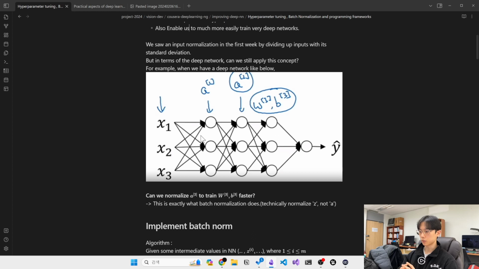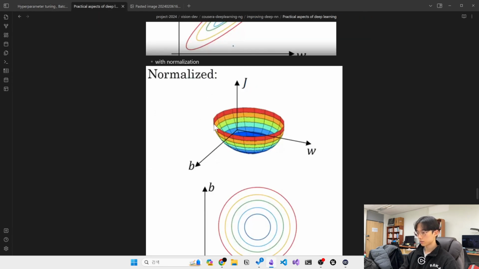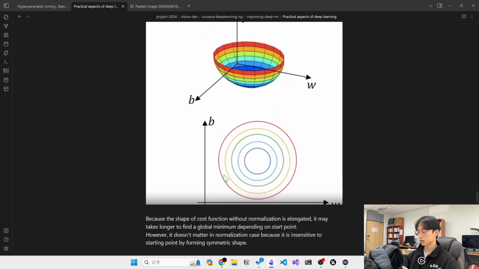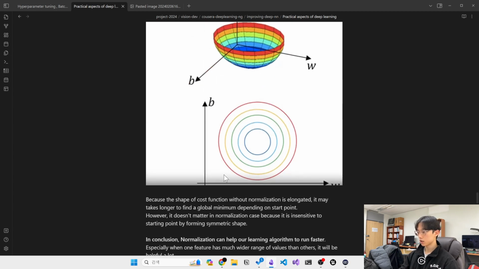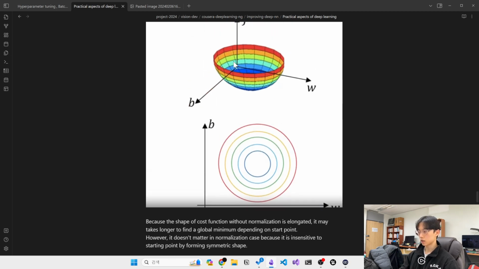In the previous week, we saw input normalization, by dividing inputs by their standard deviation so that we get circle shaped distribution instead of these elongated contours.